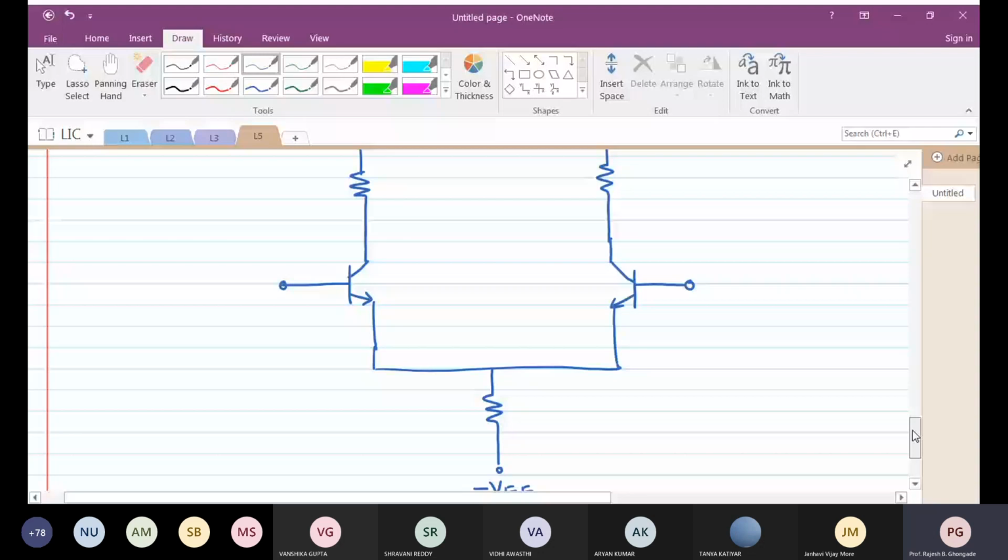Then we have our source. Of course, I will draw the source with a different color so that it will not get confused. This is RS.